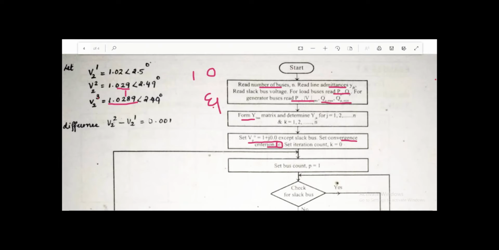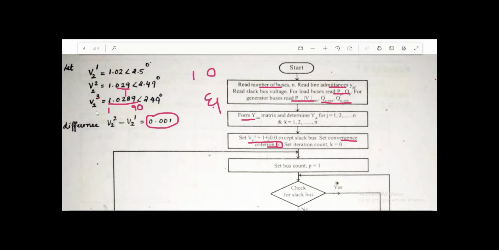For example, you have set the convergence criterion as 0.001, which means the difference between two consecutive iteration values should be less than this convergence criterion. If that is satisfied, you can stop the iteration. What does this mean? If I am setting it as 0.001 and in the next iteration I got the value as 1.0289, something like that.